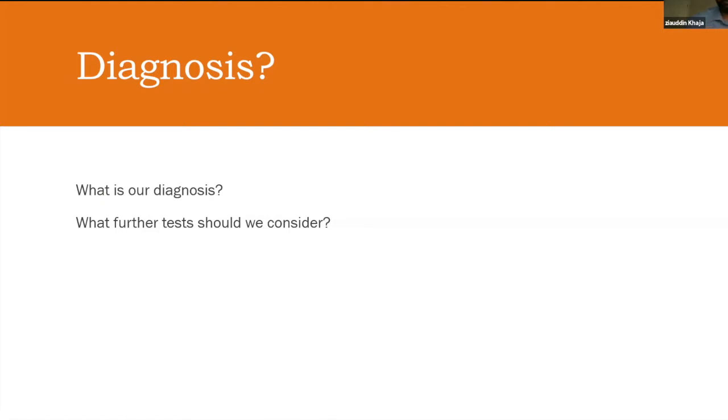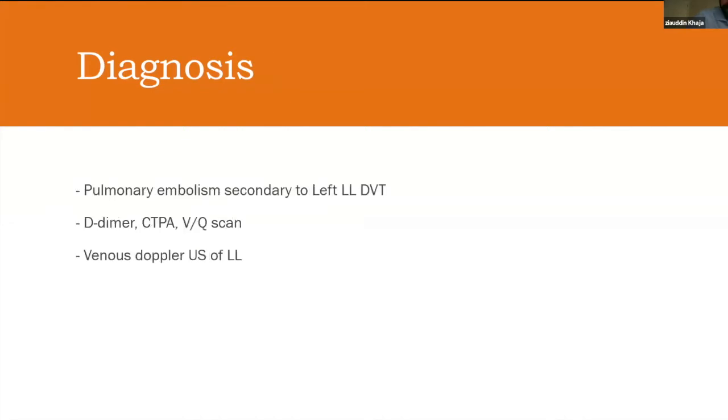All right, so we'll see how we come to those conclusions. Right, so this was a pulmonary embolism secondary to left lower limb DVT. Again, thinking about D-dimer, CTPA, VQ scan, the further investigations would be these ones.